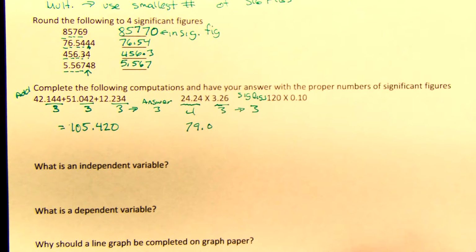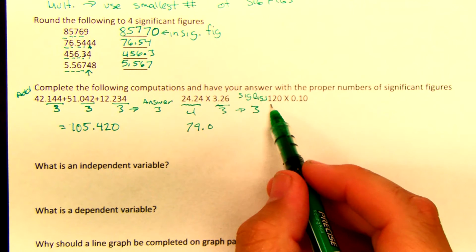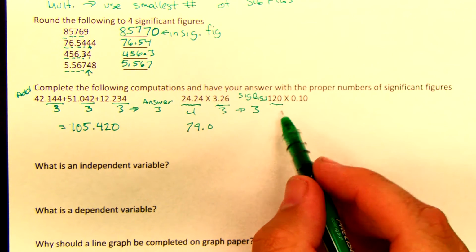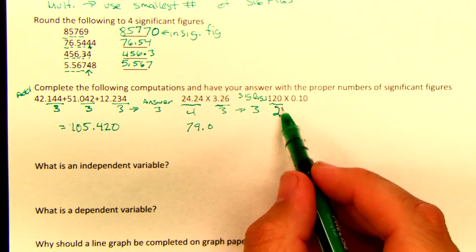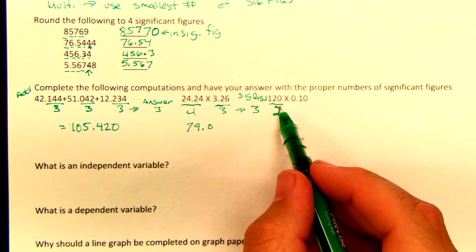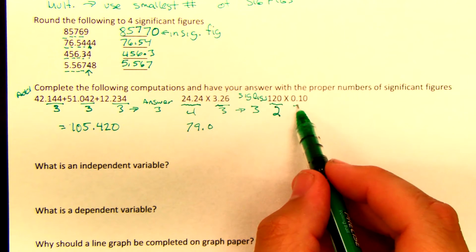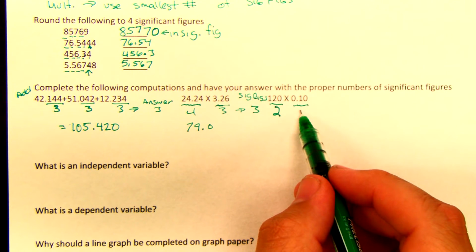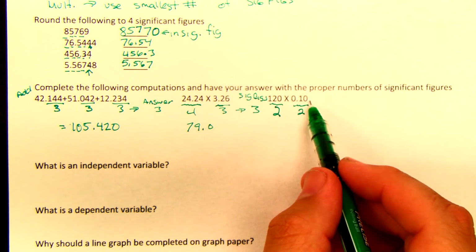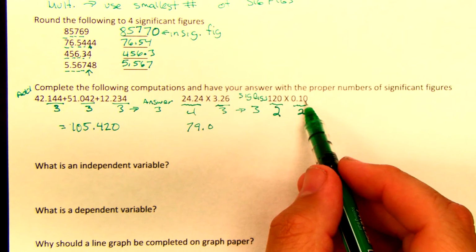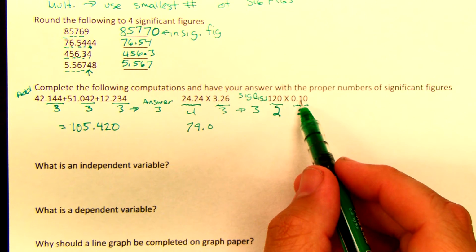Now this guy, how many sig figs in 120? Oh, 2. The 0 is a placeholder. How many in here? 2. That 0 is a placeholder, but when the 0 comes at the end of a decimal like that, it's significant because it tells us that we were able to measure out to that place.